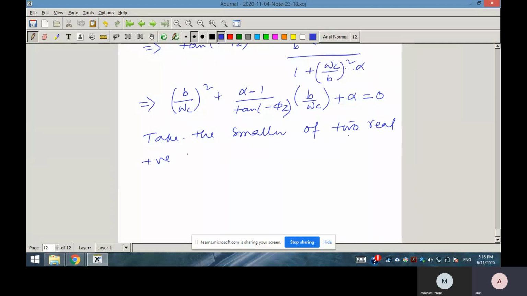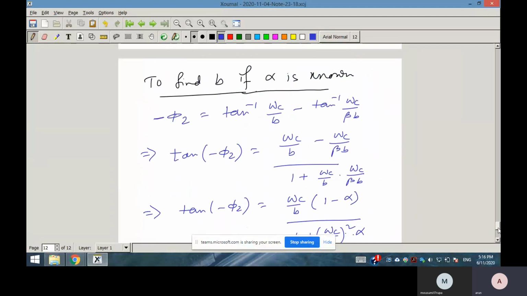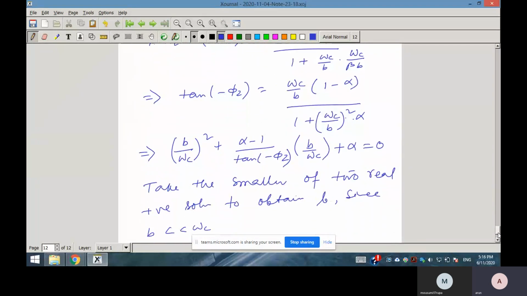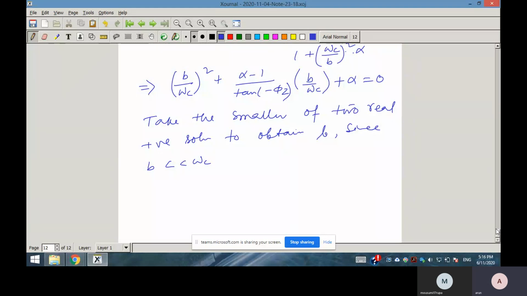Take the smaller of the two real positive solutions to obtain b. Why? Because b is much smaller than omega c. As I said, if you do not consider this, then the phase lag part may contribute more phase lag. In that case phi 2 equal to 1 to 5 degree will not suffice, so more phase lead has to be provided by the lead part to compensate for the lag provided by the lag part. Okay.